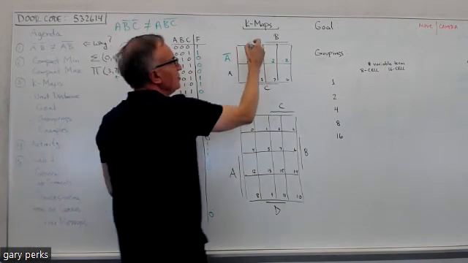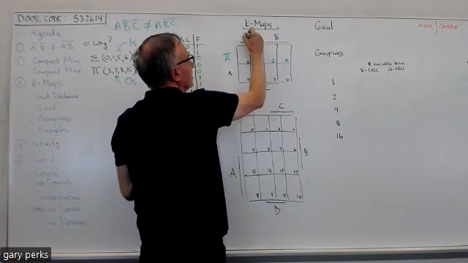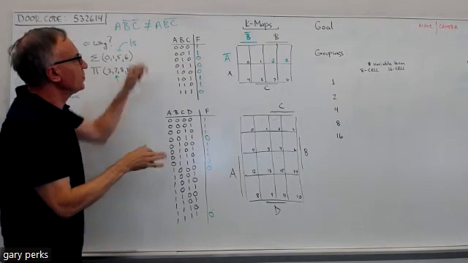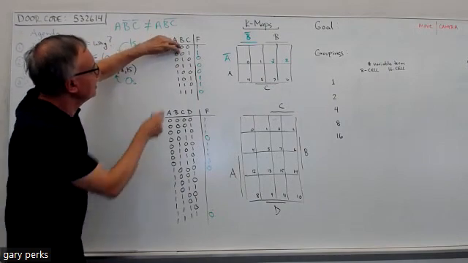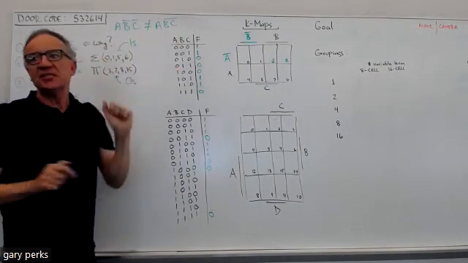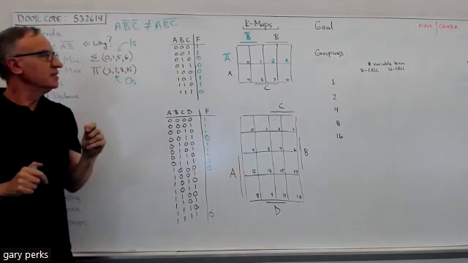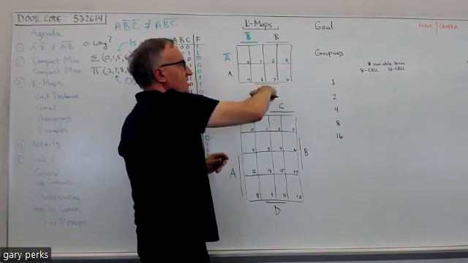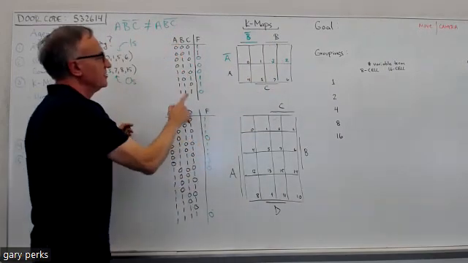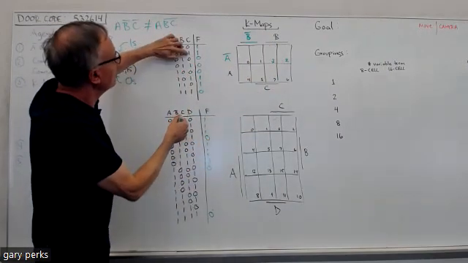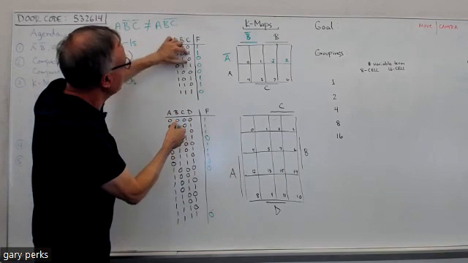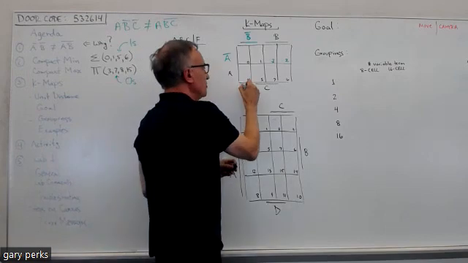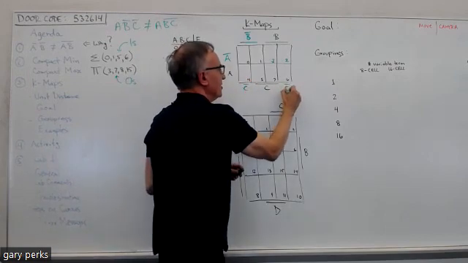So that means these 2 columns would be not B, because if you look at 0, 1, 4, and 5, B is 0 for those. Likewise, for 1, 3, 5, and 7, C is 1. Here's 1, here's 3, here's 5, here's 7. So this column would be not C, and this column would be C.